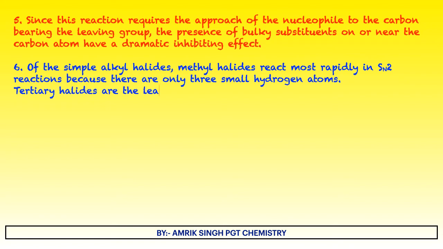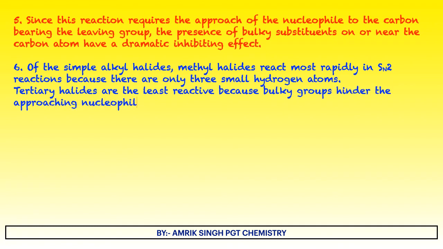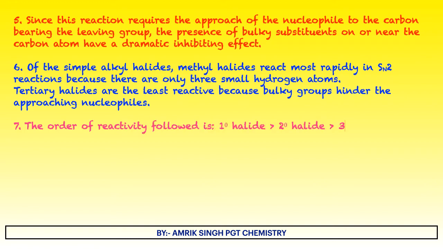Tertiary alkyl halides are the least reactive because bulky groups hinder the approaching nucleophiles. Point number 7: the order of reactivity is primary most reactive, then secondary, and tertiary the least reactive alkyl halide in the SN2 mechanism.